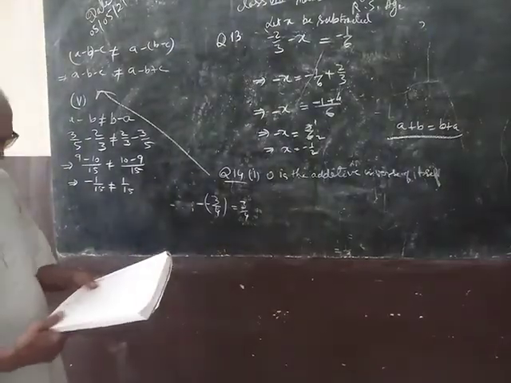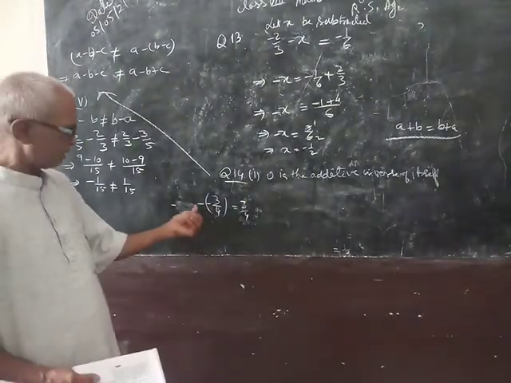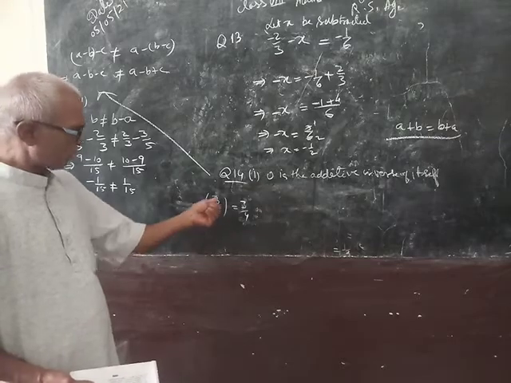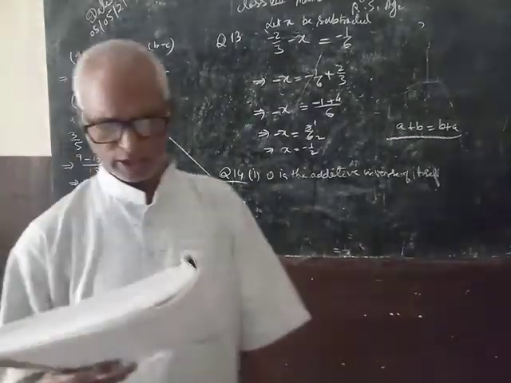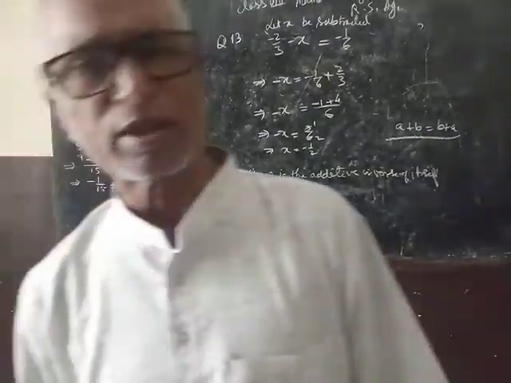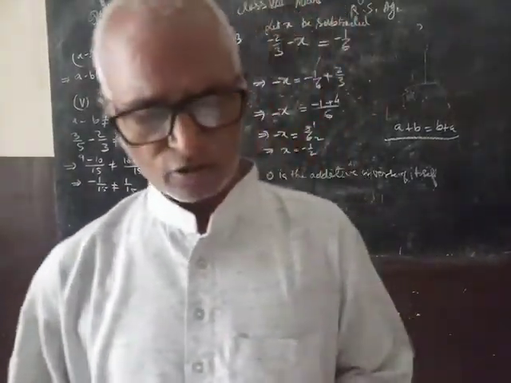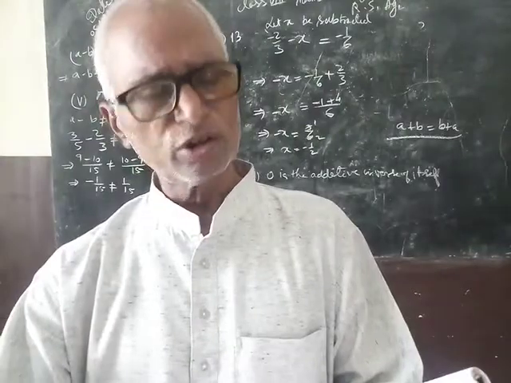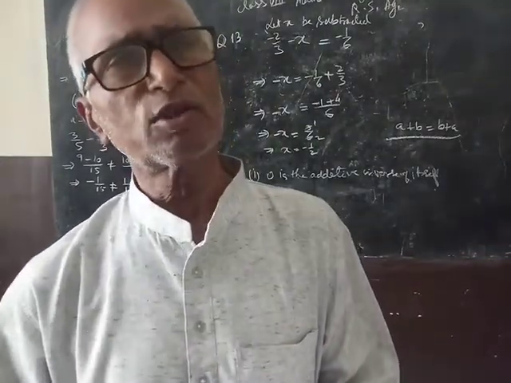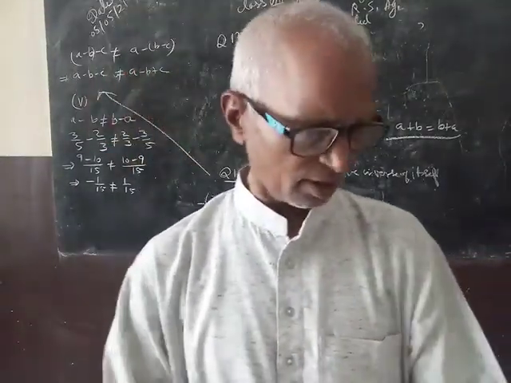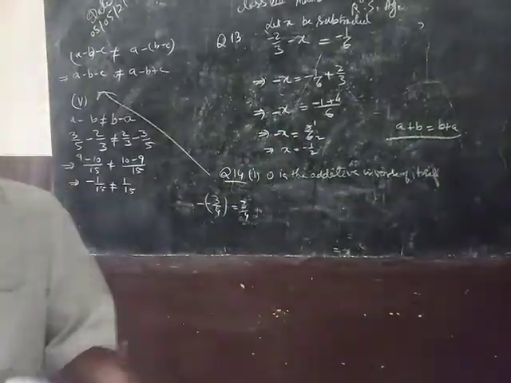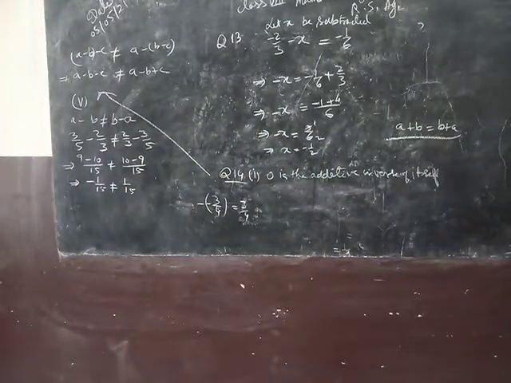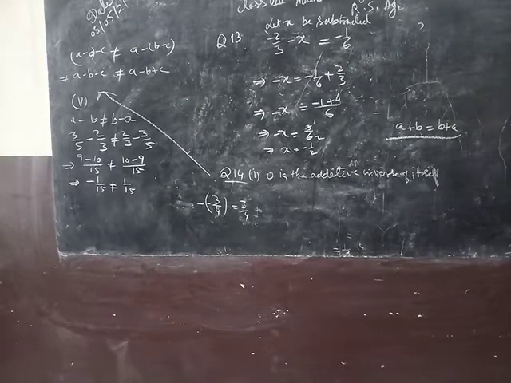So minus 3 by 4 is a negative number whose negative, this minus minus becomes plus. So it is a positive rational number which is equal in magnitude to the given number. Only the magnitude is equal, their signs are totally different. Okay, so here exercise 1C is complete.